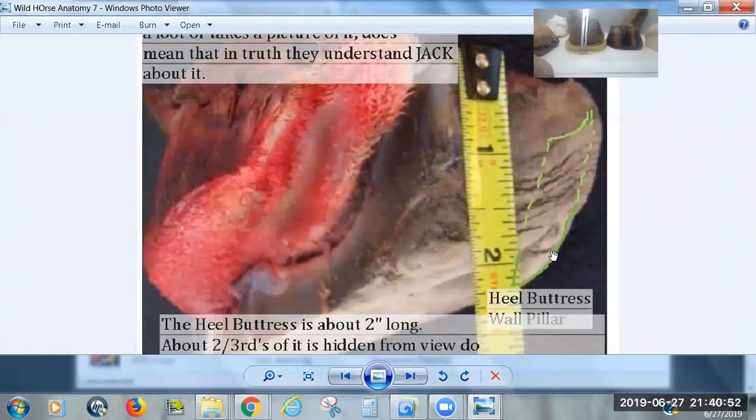Because when your foot got compressed and that whole back of the bulbs got pulled under, then the frog grew from that position and it'll hold the foot right there. So we thin down the frog. I mean, we still let the frog grow.